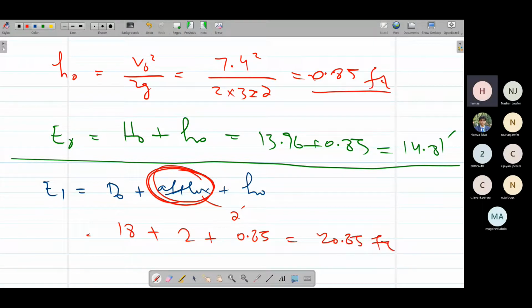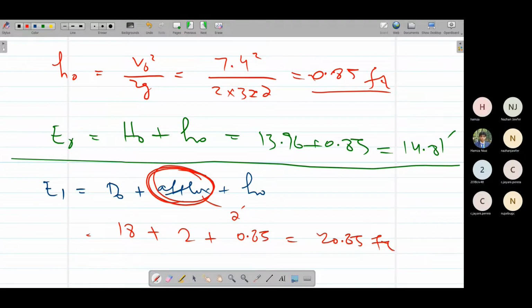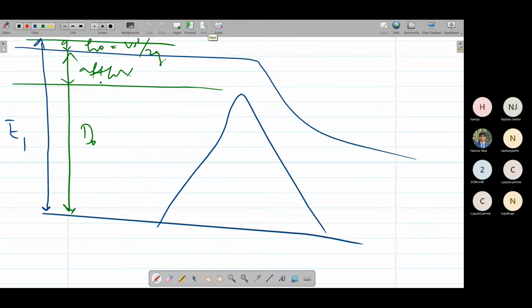This is the energy level upstream of the weir crest. Now, if you want to determine this total energy upstream of weir crest, we can call it the upstream energy level.